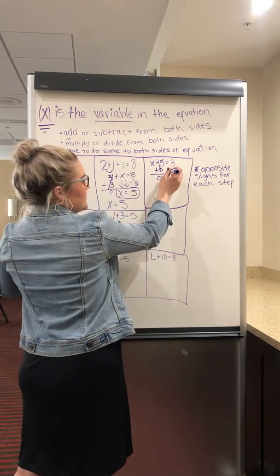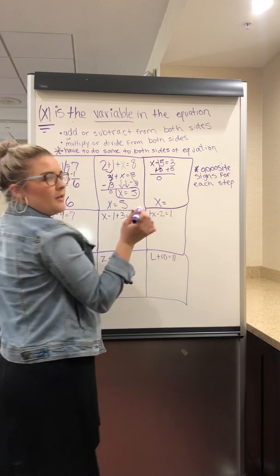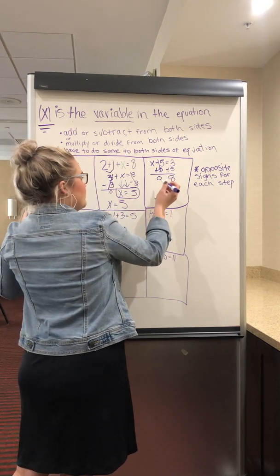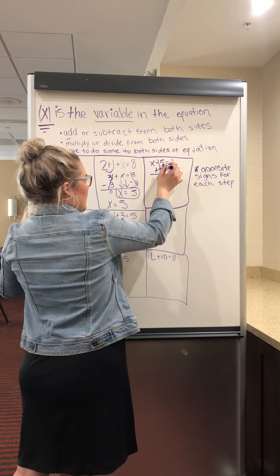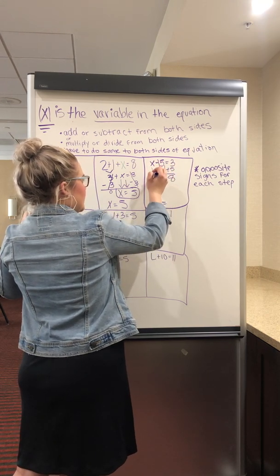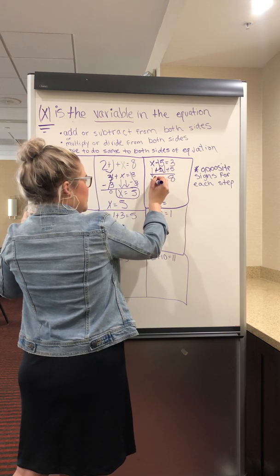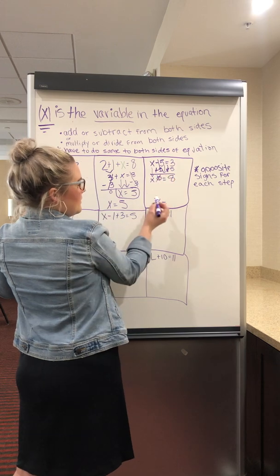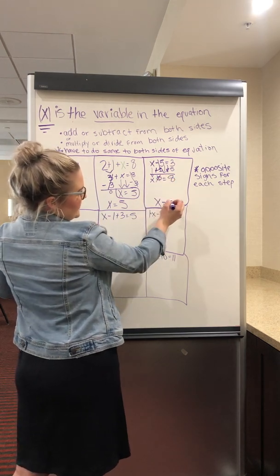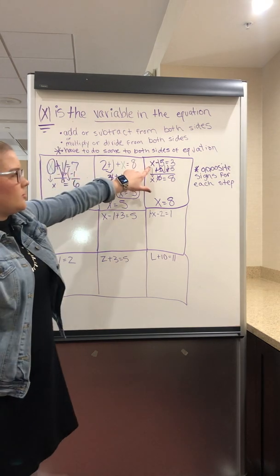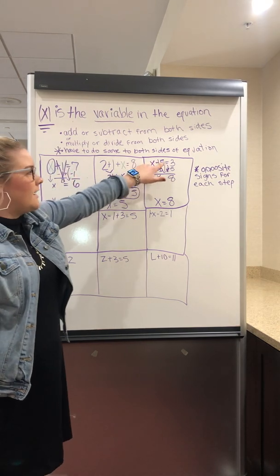Then we're going to add it to this side as well. 3 plus 5 is 8. We're going to bring down our equal sign, bring down our x, so we can see here that x equals 8. We always want to make sure that we're not forgetting to drag down.